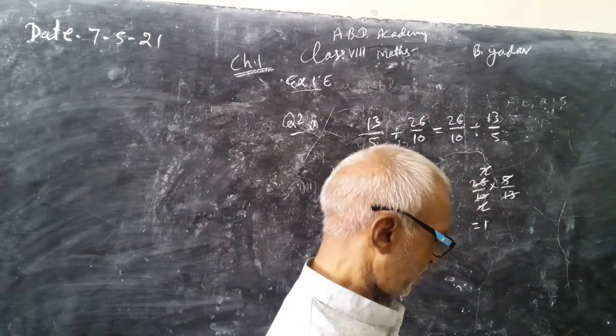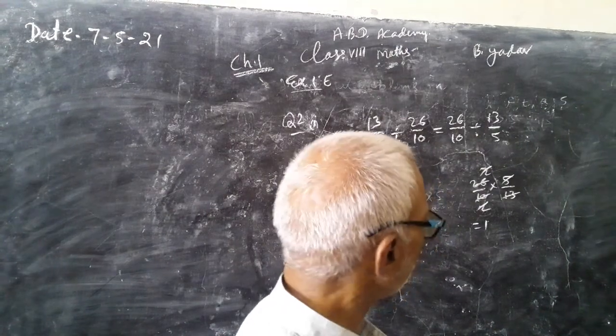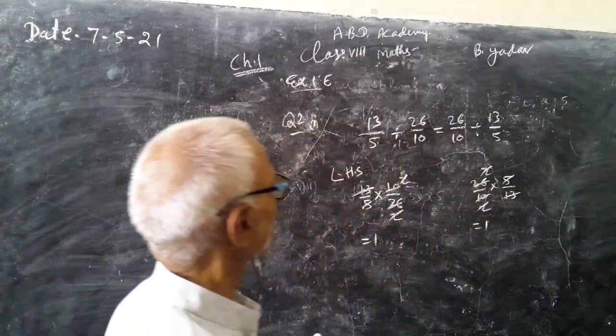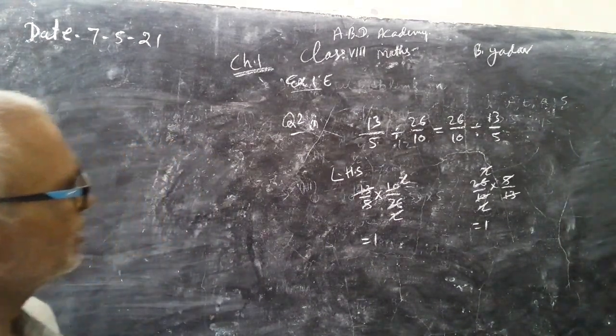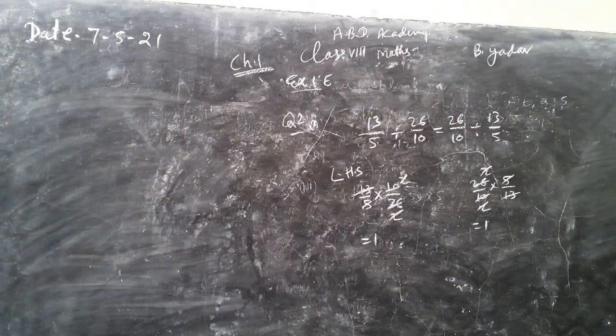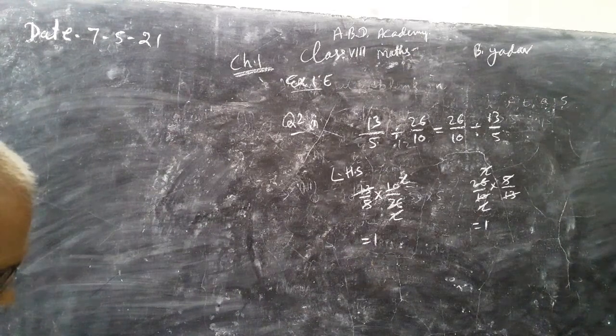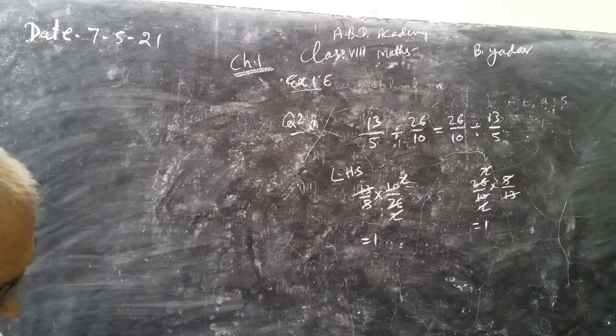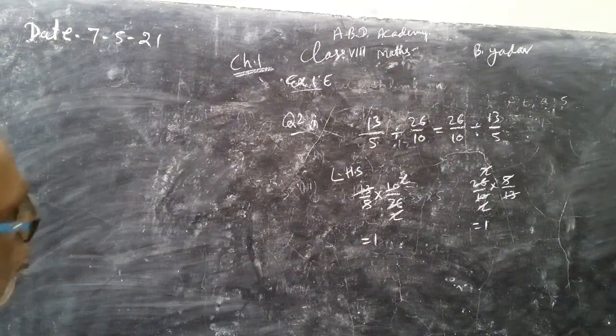So fortunately here it is true because both are 1. The other is the reciprocal of the first. So by chance it becomes true, but in other cases it will not be.